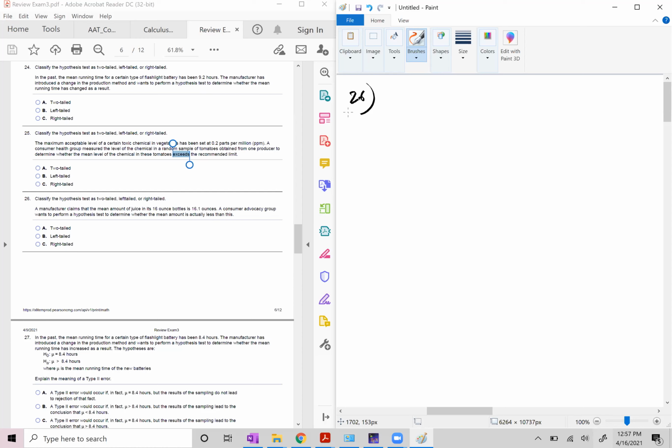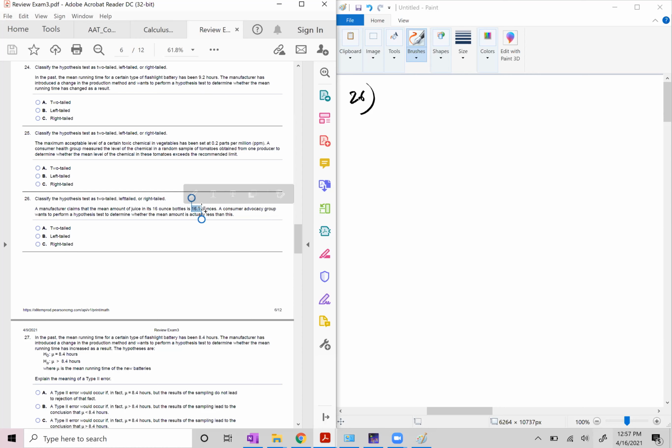Classify the hypothesis, again the same thing. A manufacturer claims that the mean amount of juice in its 16-ounce bottles is 16.1 ounces. A consumer advocacy group wants to perform a hypothesis test to determine whether the mean amount is actually less than this. Now, here, there are two values given just to confuse you. What is his claim? His claim is the mean amount is 16.1 ounces.